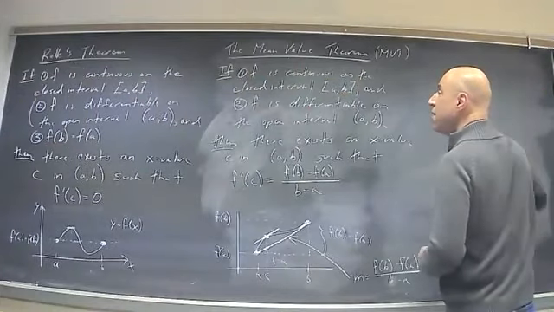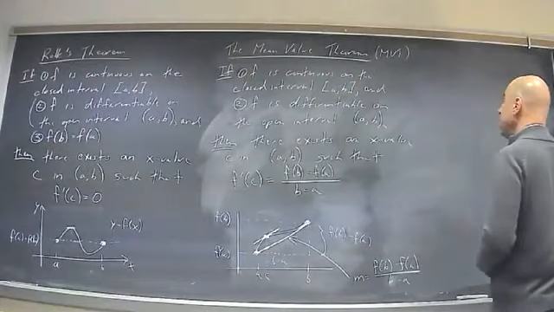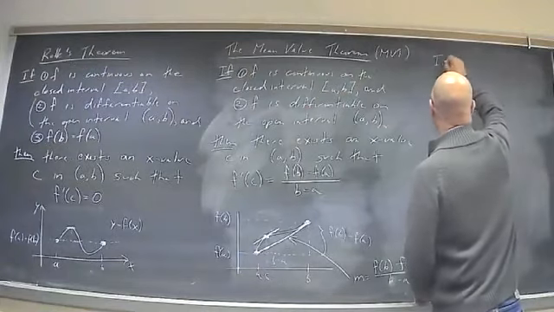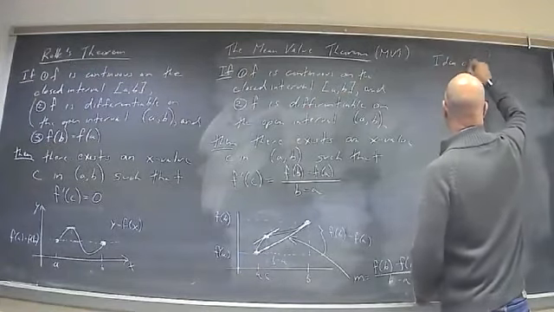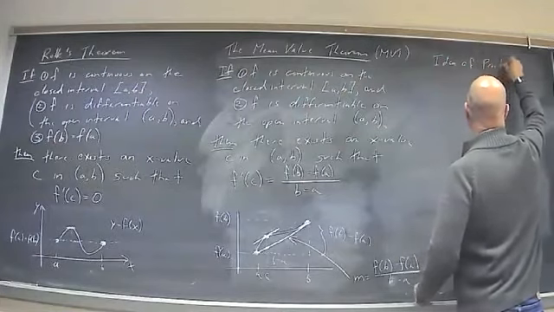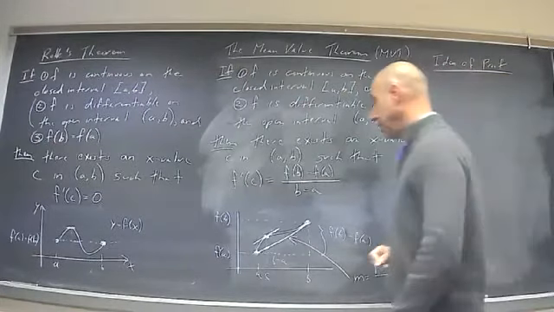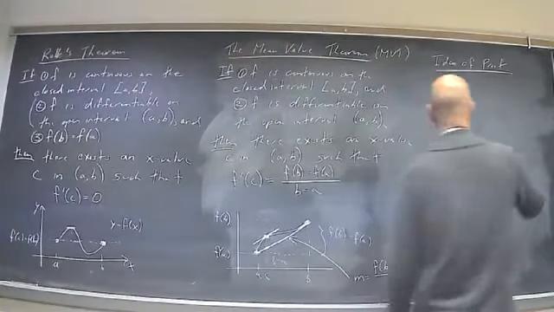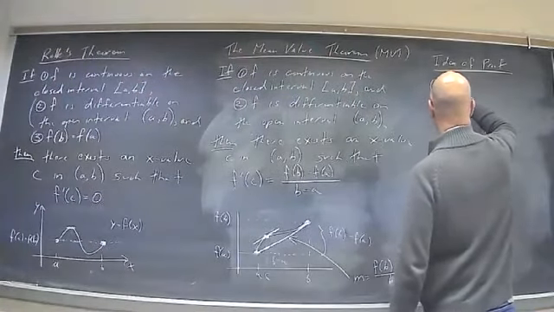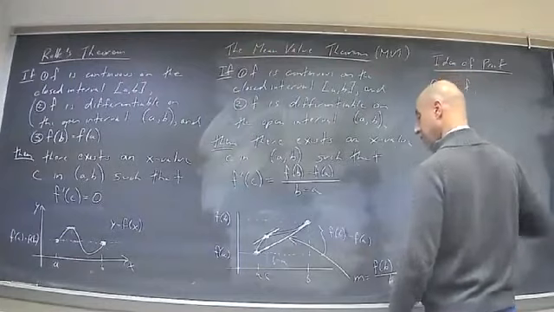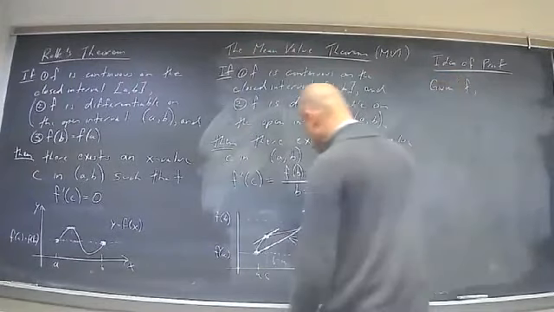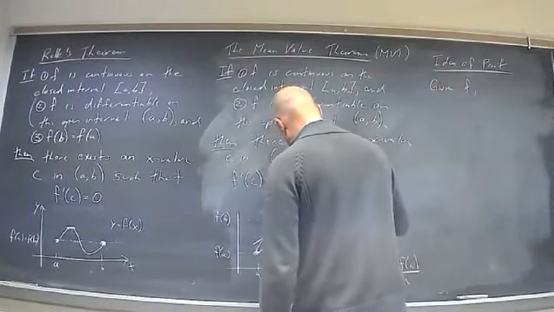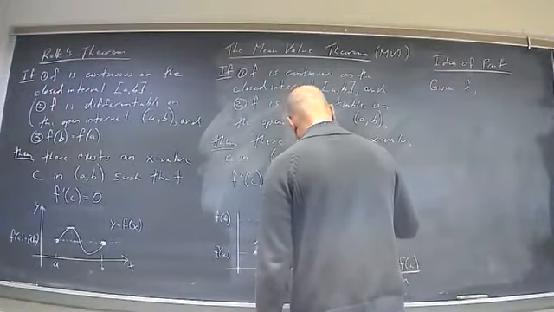Let me give you the idea of the proof of the mean value theorem. What you do is given an f. So here we have our curve y equals f of x.